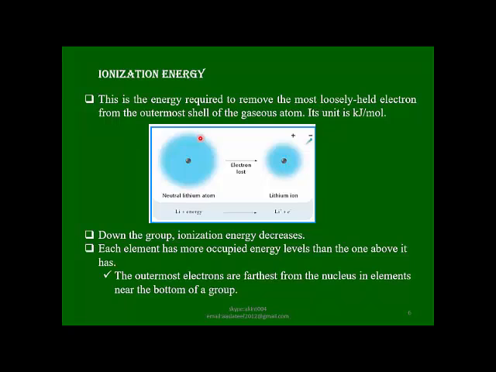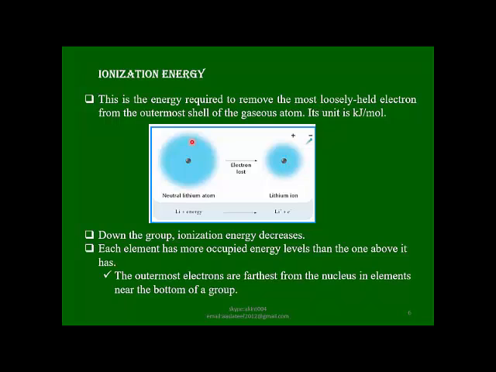We know that in a particular atom there is a dense core called the nucleus, and electrons present themselves in shells. It depends on the number of electrons. That is, we know an atom may have one shell or two shells or more than that, as the case may be.